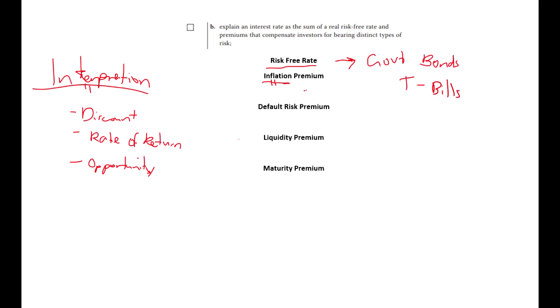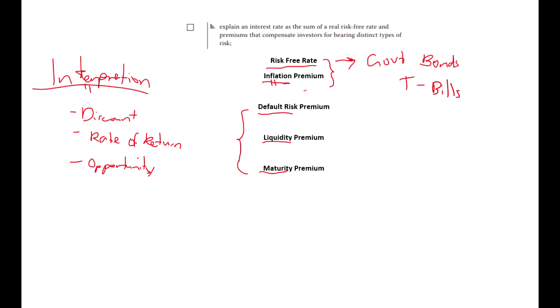And then on top of that, depending on what we choose to invest in, we can also command various other premiums as well, which make up the rate of interest that we're going to earn. These are our default risk premium, our liquidity premium, and our maturity premium. If we were just investing in a T-bill, all we're going to get is our risk-free rate of return, which is going to keep up with inflation and give us a little bit more, but very low returns comparatively to shares and other investments.